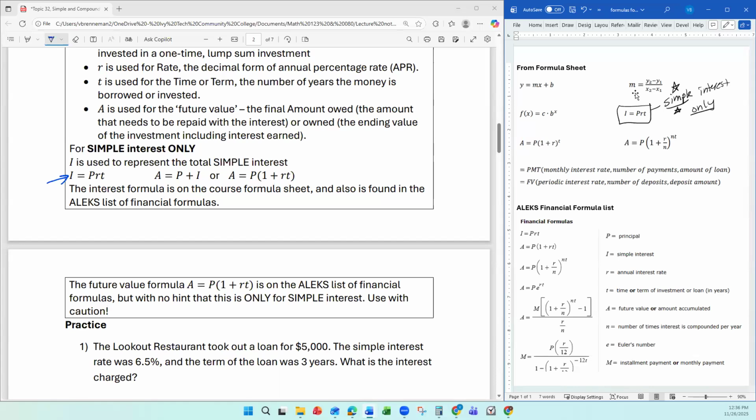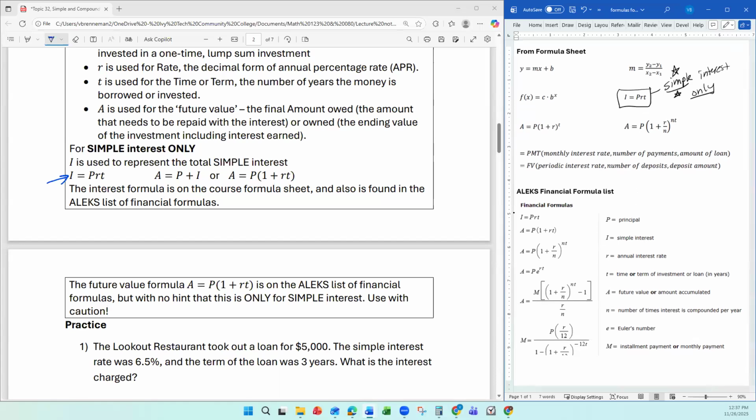Don't use it. Now, you also have a list in ALEKS. So you have this same thing in ALEKS. Here it tells you I is simple interest. What you want to be careful with is this formula here on the ALEKS list. It doesn't give any hint here to tell you this is also for simple interest only. My recommendation, if it's on the ALEKS list and not on the course formula sheet, don't use it, unless you are confident you fully understand when to use it and when not to use it.